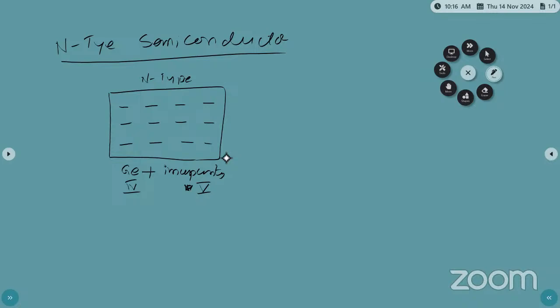After donating this one electron, here the space is called a positive ion. After donating the one electron, here, that is called an ion. That ion is the positive ion. This is the electron, and this one is the donor ion.